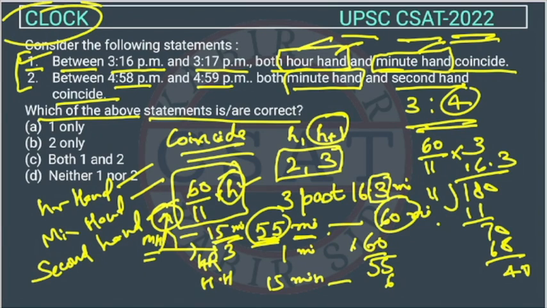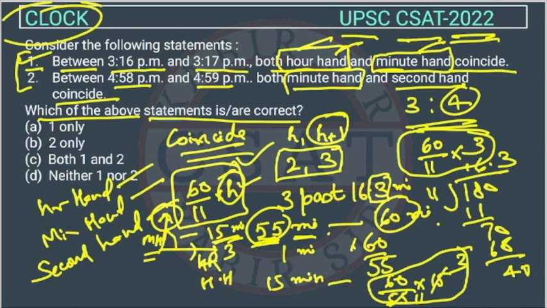So in 15 minutes it will gain how much, 60 upon 55 into 15, right? With 5 we will cut this 3 times, and this is 11. If you see, we are getting the same thing here, right? What we used in the formula. This is the same thing, so we will get the same answer. Okay, so the first statement is correct.